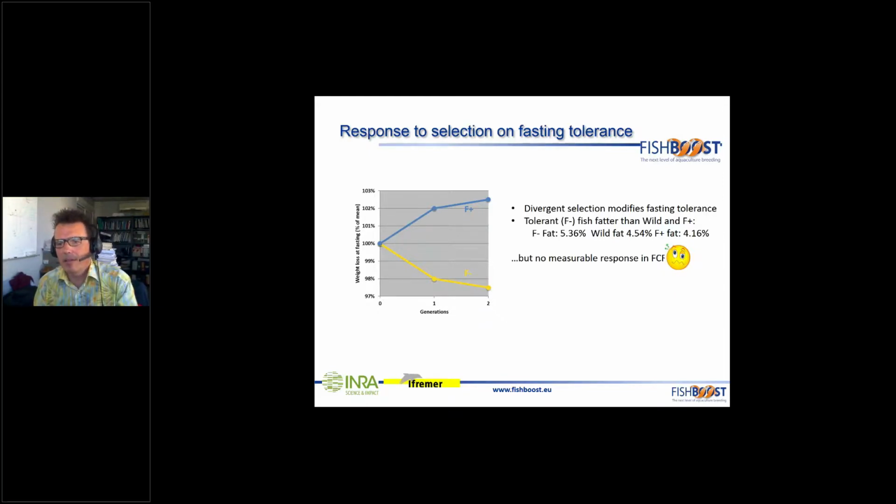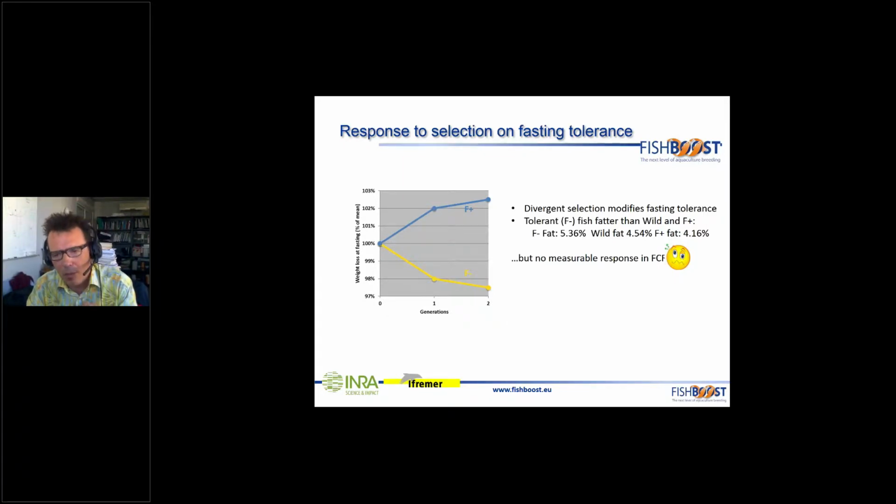In this case, in sea bass, the fish that lose little weight and that we expect are efficient are fatter. But in this experiment, we saw no response on FCR. So it doesn't always work like we want, but we really believe in that.